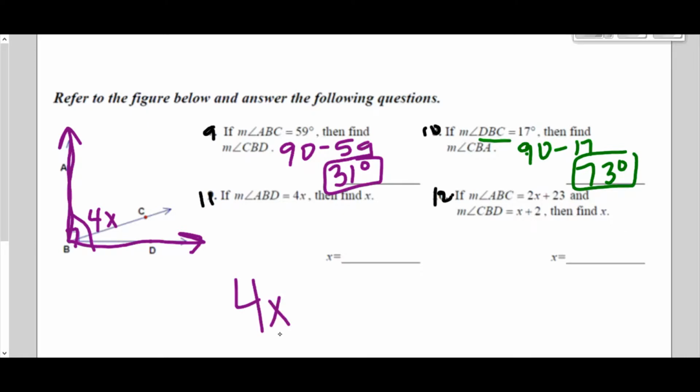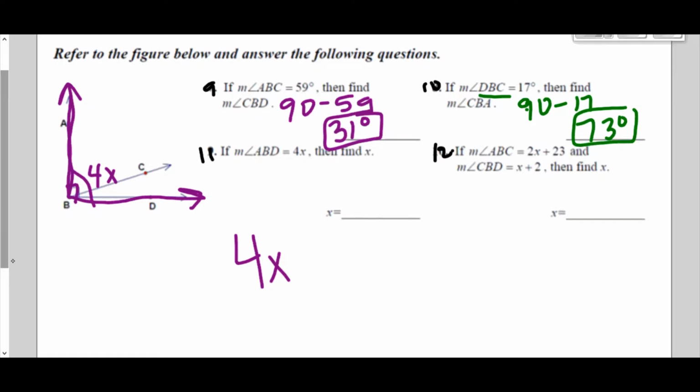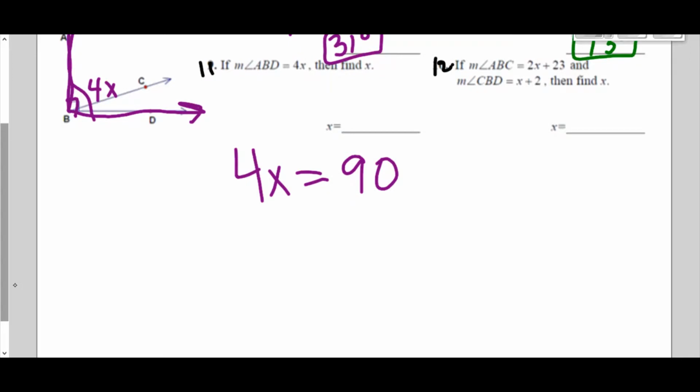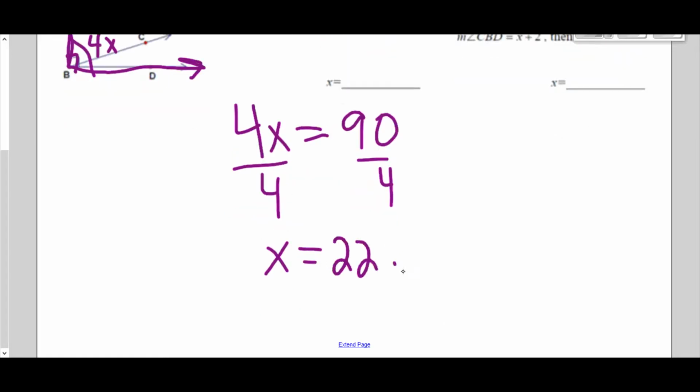We were given the right angle symbol there. So I'm going to take 4x and set it equal to 90. And then just solve that for x. So divide both sides by 4. So this would be a decimal. So if you divide 90 by 4, you end up getting 22.5.